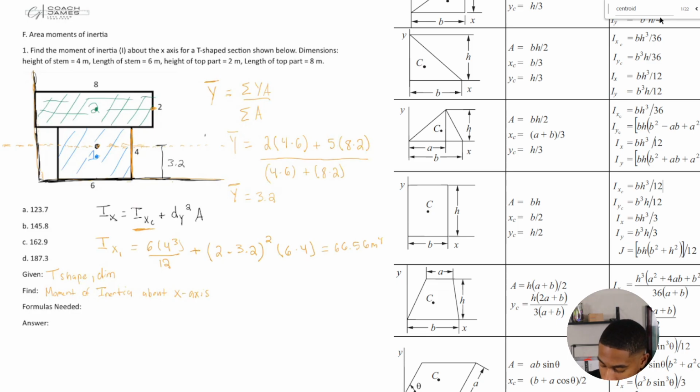Okay. What about our second shape? Ix2. That's going to be equal to 8 times 2 to the third. So this is base times height cubed divided by 12.